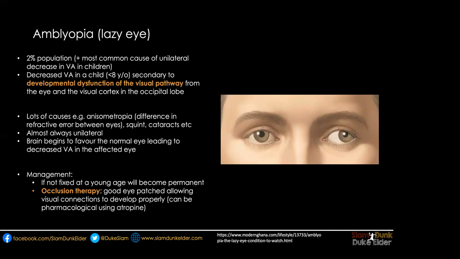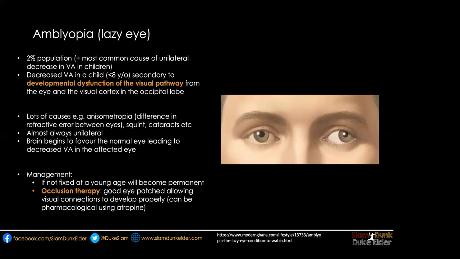There are lots of causes for this. It can include cataracts, congenital cataracts, refractive errors, but the function of the eye can also be absolutely normal. An ophthalmologist looks at it and there's nothing to assess within the eye itself. So people say that the patient sees nothing and the ophthalmologist sees nothing too, because the function of the eye is absolutely normal, but it's a developmental dysfunction in the visual pathway.